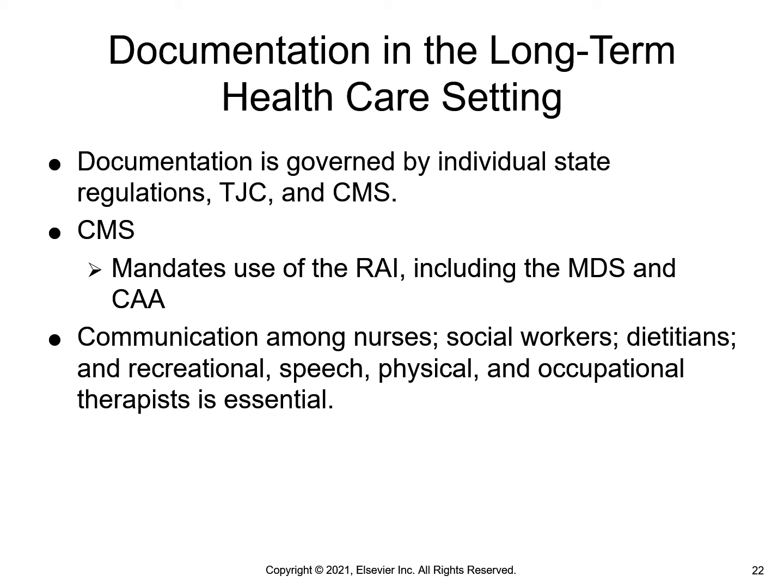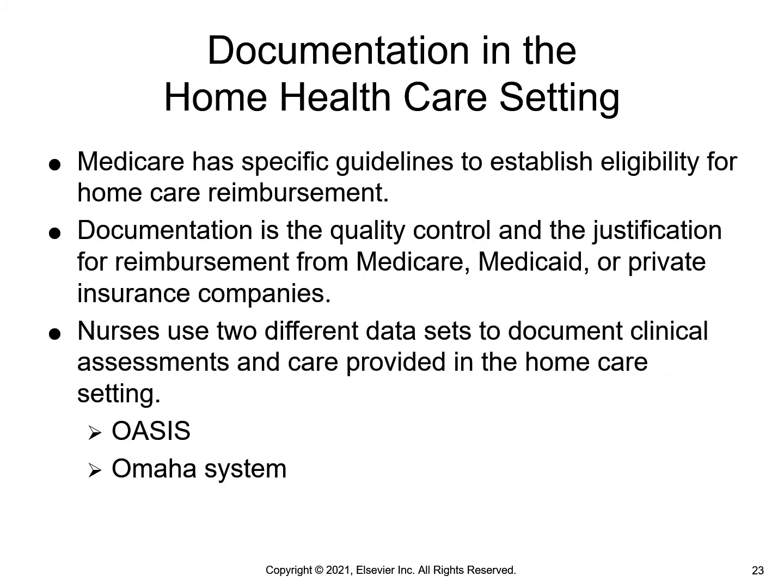The minimum data set information determines the reimbursement level under the prospective payment system for Medicare Part A residents in skilled nursing care facilities. In the home health care setting, the Medicare system has improved accessibility to information and facilitates interprofessional collaboration.